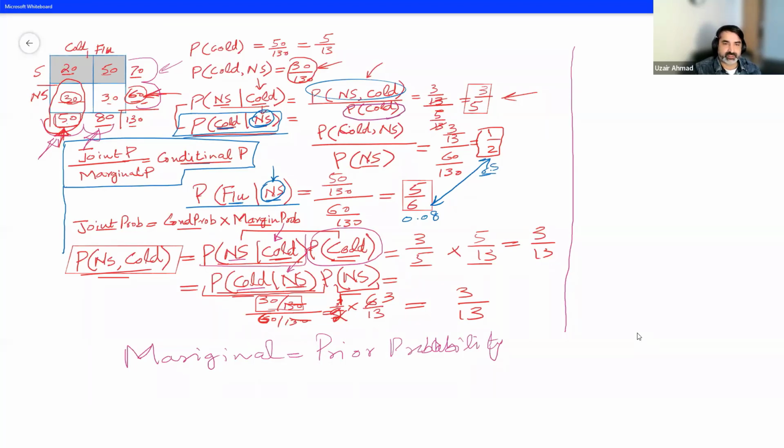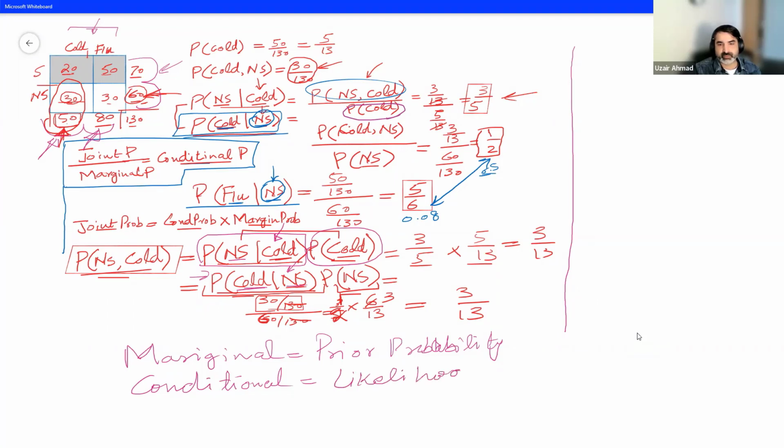Okay, and this probability, conditional, will have two names. If we want to, our question mark or our dependent variable is here. We want to estimate whether the person has cold or flu. In that case, the conditional probability, this one, the probability that the person has cold, given that the person is not sneezing, it's going to be referred to as the likelihood.